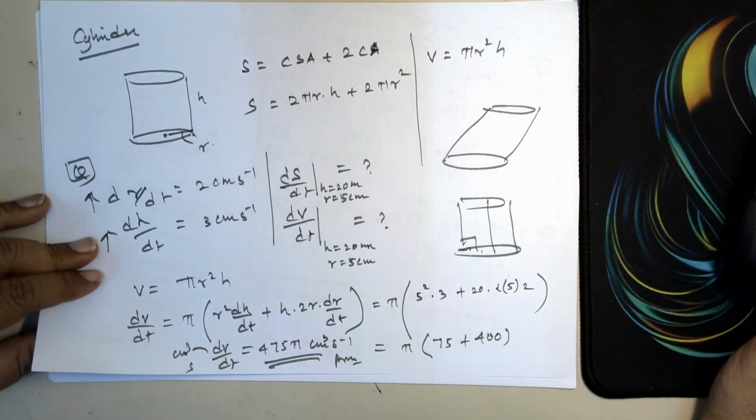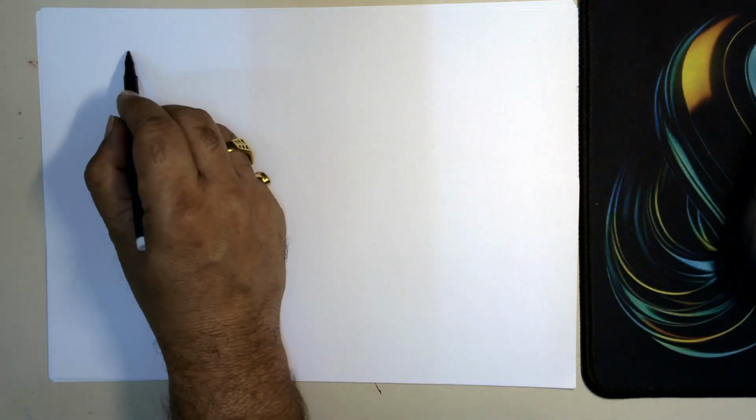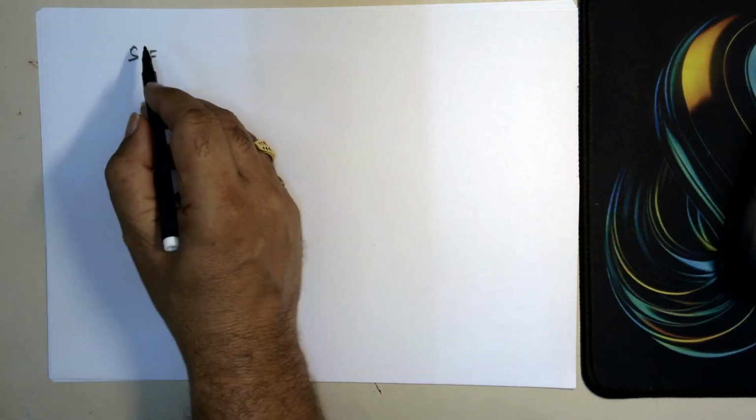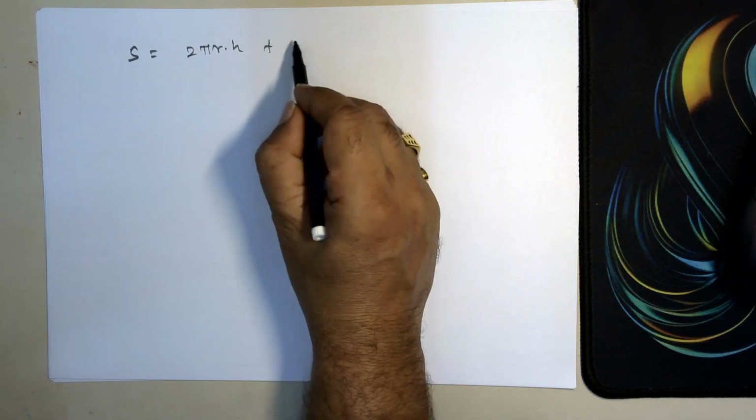Can we proceed with the dS by dt? What is the formula for S? You have got already 2 pi r into h plus 2 pi r squared.